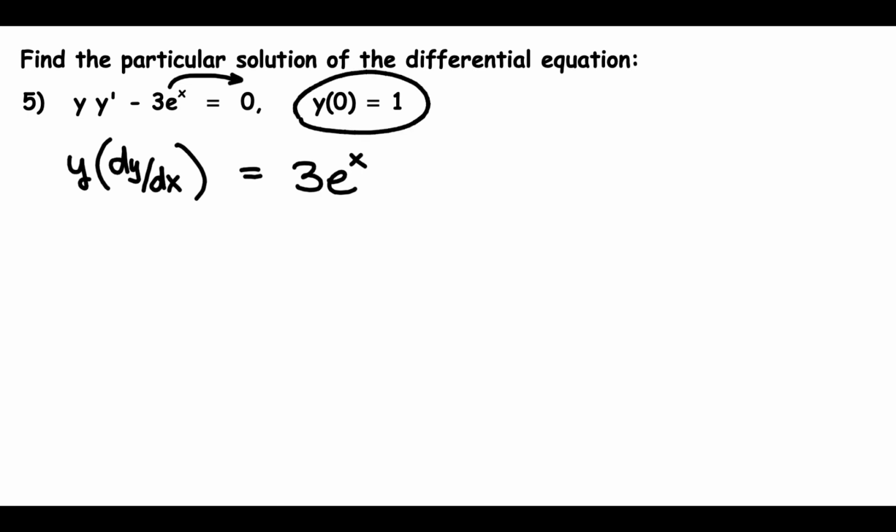y of 0 equals 1. I secretly hate when textbooks write it like that, even though it's correct. I prefer to write 0, 1, make it look more like an ordered pair. That way I know that x is 0, y is 1.